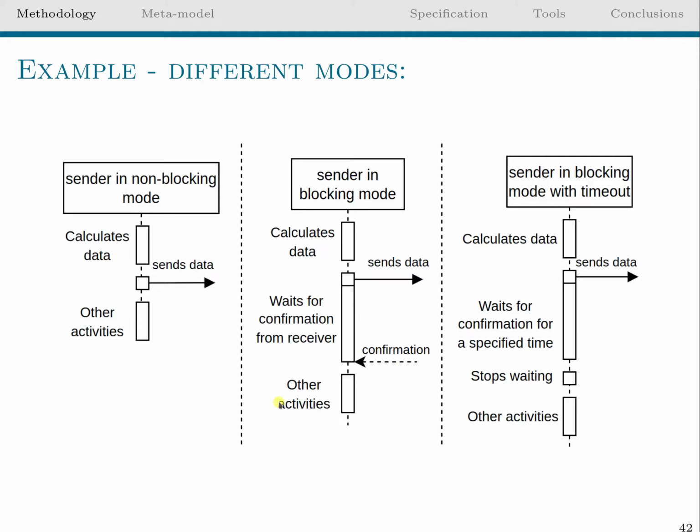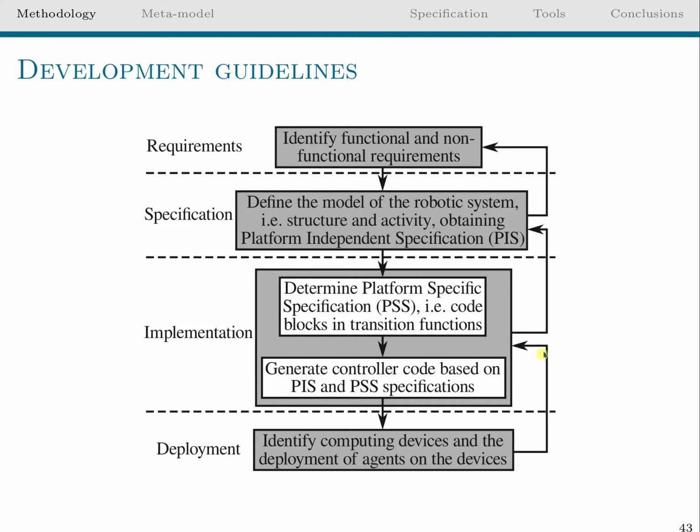So it will block the system and a deadlock can appear. And it's very dangerous. So we can also use blocking mode with timeout. Whenever the subsystem sends data, it waits for the confirmation for a specified time, and whenever the time elapses, it stops waiting and activates other activities.